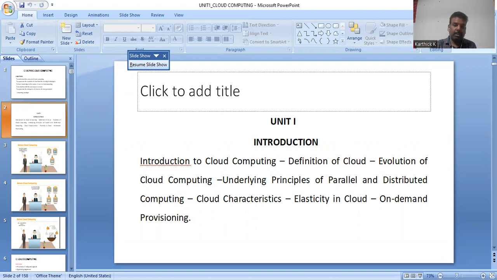Parallel computing may have shared or distributed memory, but distributed computing is purely distributed memory. In parallel computing, processors communicate with each other through a bus. In distributed computing, processors communicate through message passing.